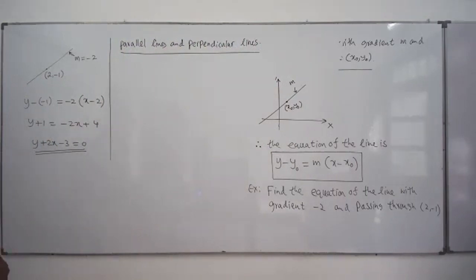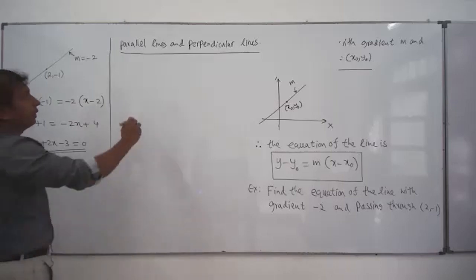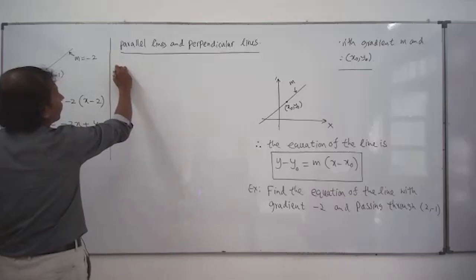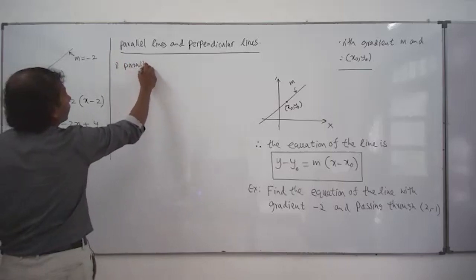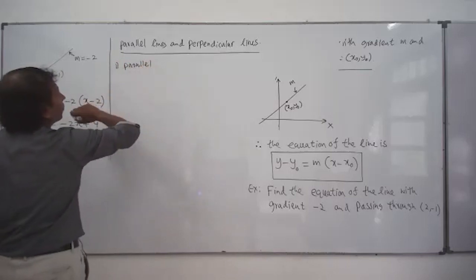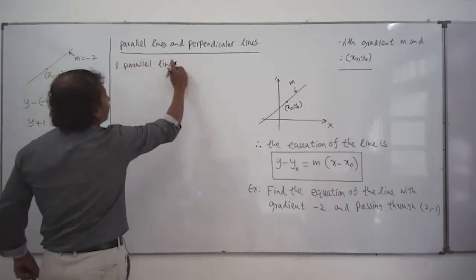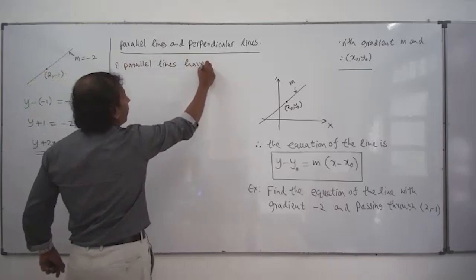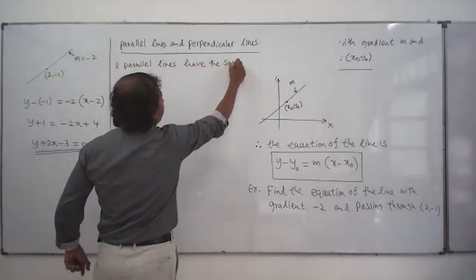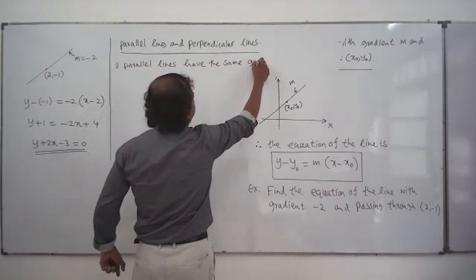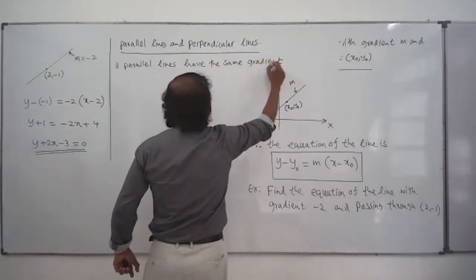Write down like this. Number one, parallel lines have the same gradient.